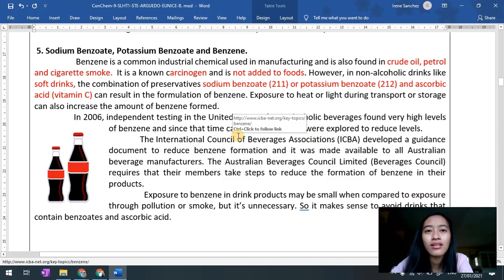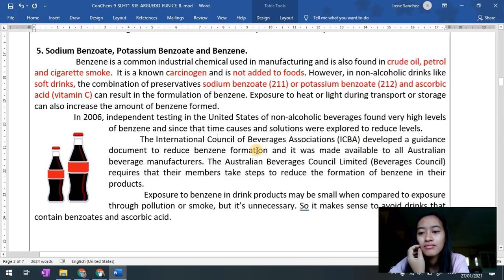The International Council of Beverages Association (ICBA) developed a guidance document to reduce benzene formation. It was made available to all Australian beverage manufacturers.